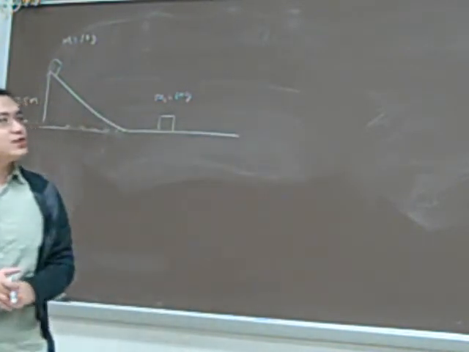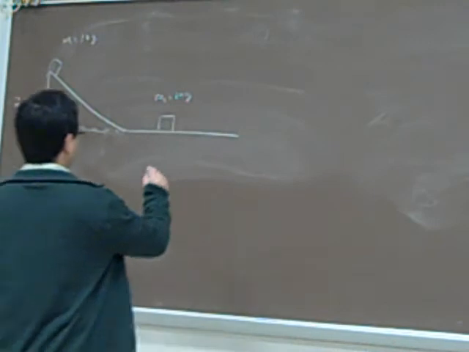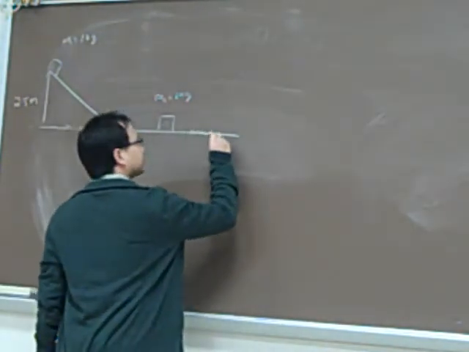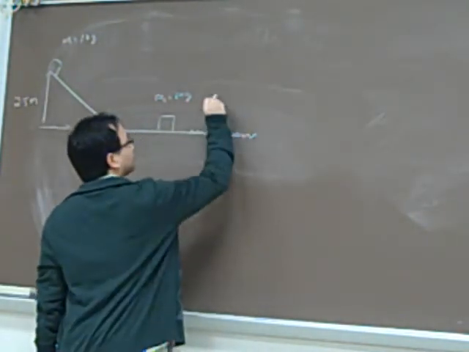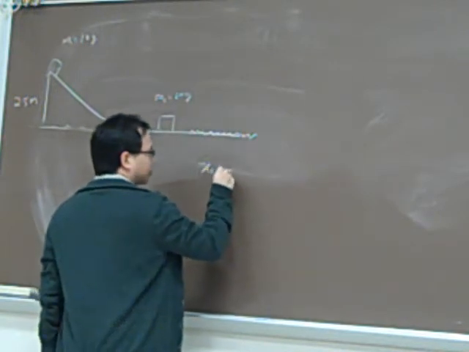Okay. And after that, we have some region where you have frictional force. Okay, mu k equals 0.5. So you have some rough surface here. Mu k equals 0.5.